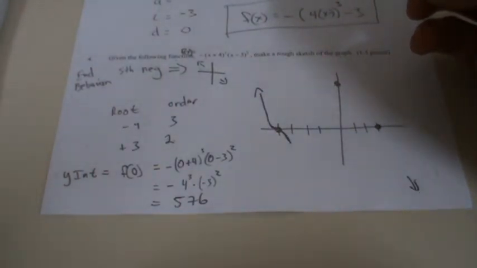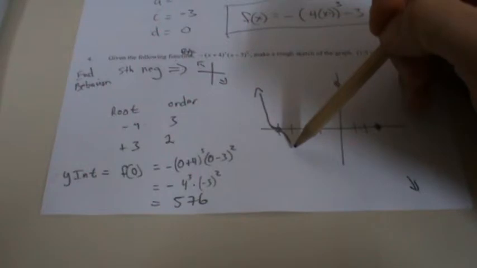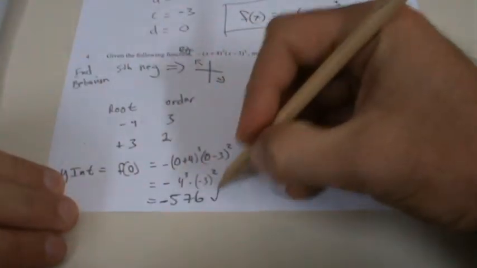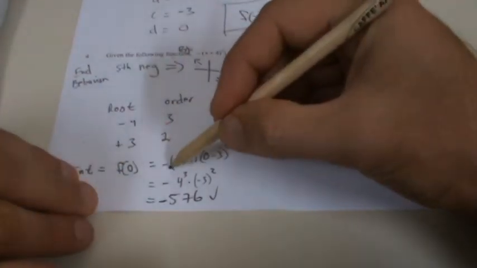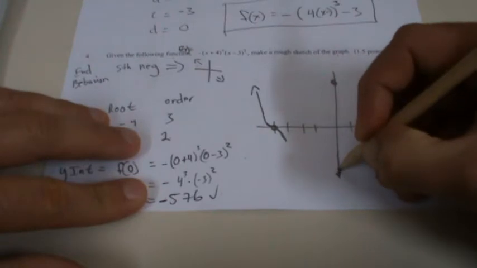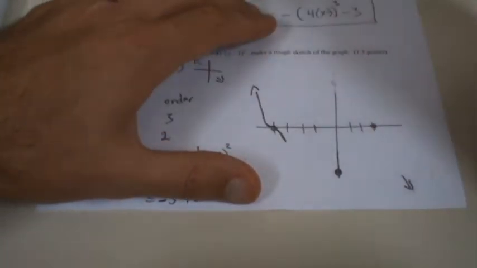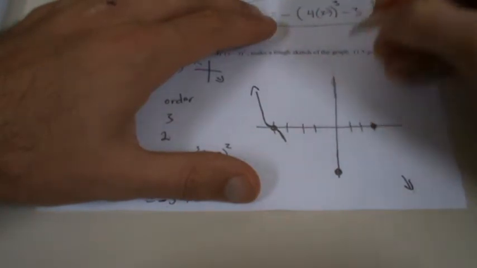Let's see here. I feel like I've got some problems going on. Oh, negative 576 right there, because of that negative sign. And so, I've got some problems. There we go.